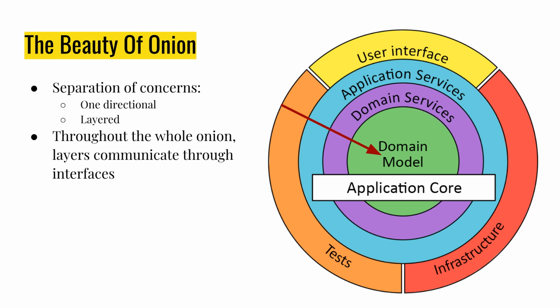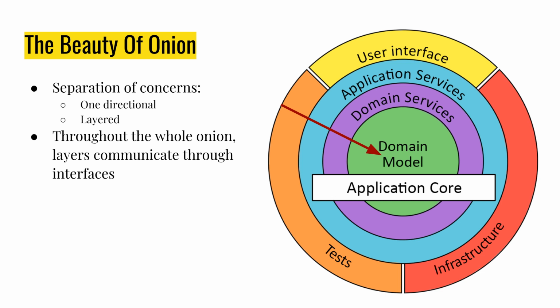So yes, and between each layer, like domain services call models, that's fine, but application services consume domain services through an interface, and infrastructure, tests, user interface consume application services through an interface as well.